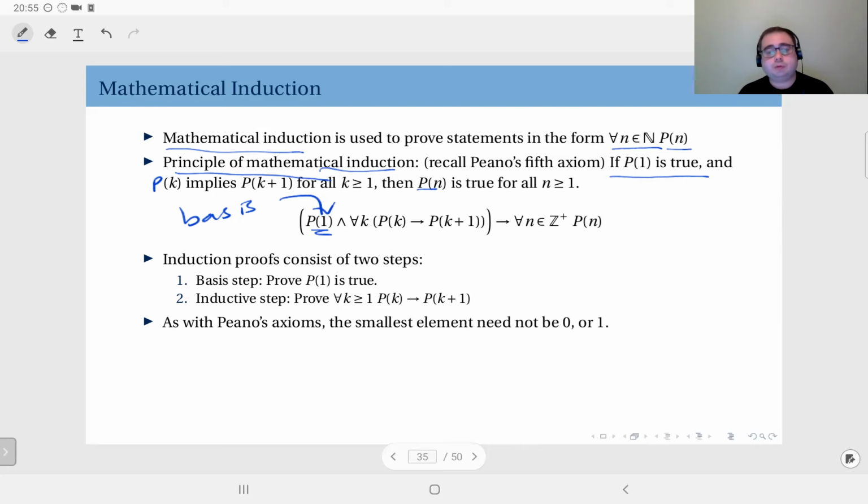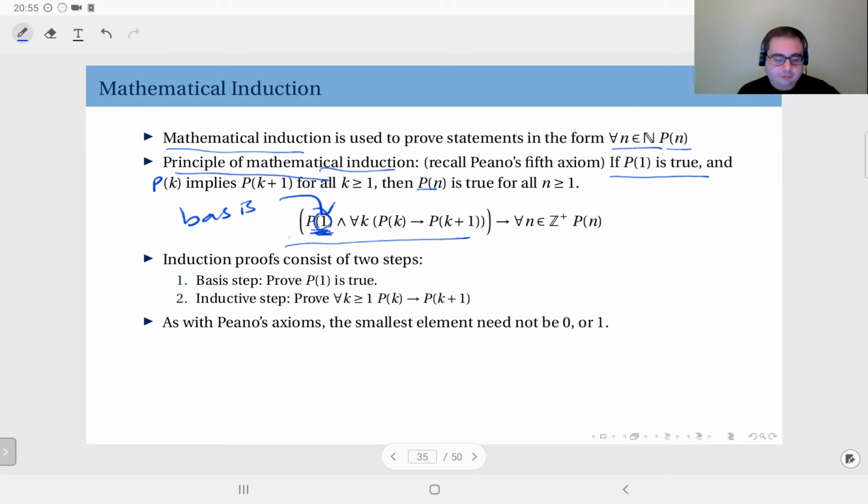It could start being true from 10, from 0, from 1, from 3. It could be any integer. But in a general sense, 1 here indicates the first number that it is true for. So this statement can be generalized by playing with this value, but that's not really significant.